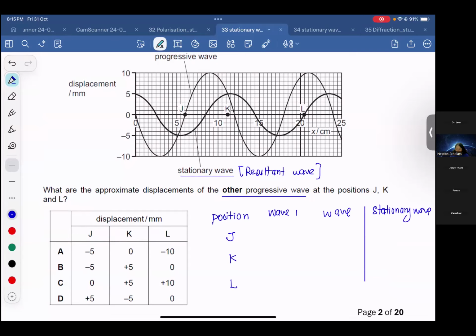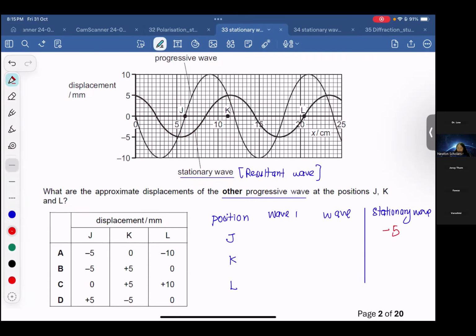We look at position J. This is my resultant wave. At position J, my resultant wave is -5. Am I right? The resultant wave is at -5. So I write down -5.